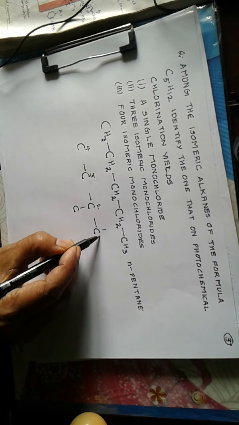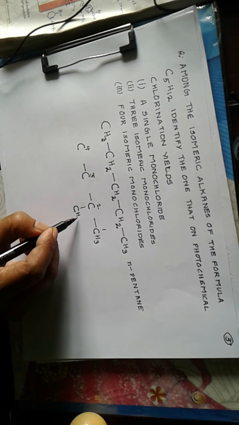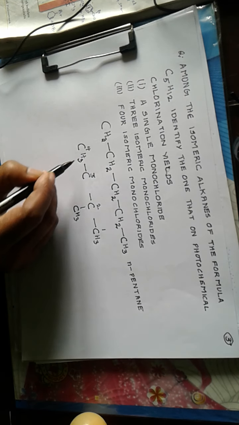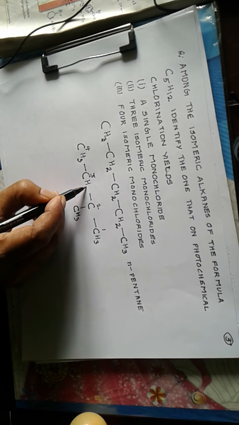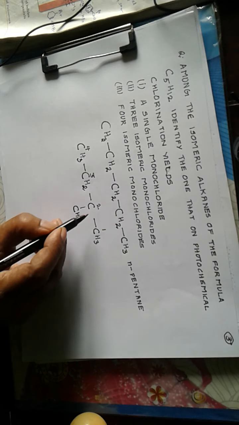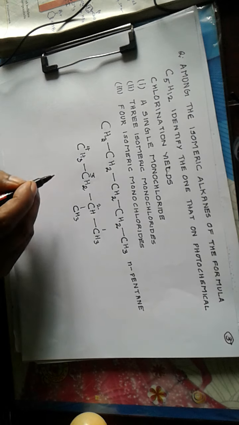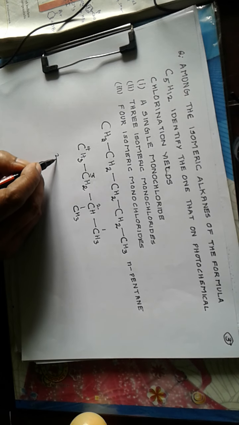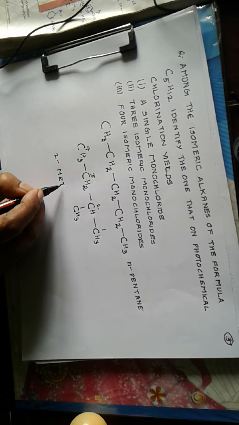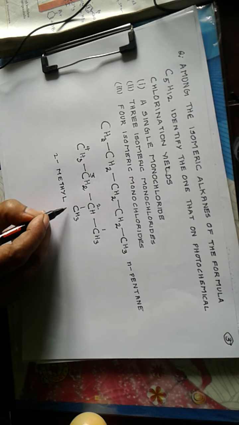Now you satisfy the valencies. CH3, CH3, CH3, CH2. Now here 1, 2, 3 valencies are there, so you write CH here. Now this is called 2-methyl butane.